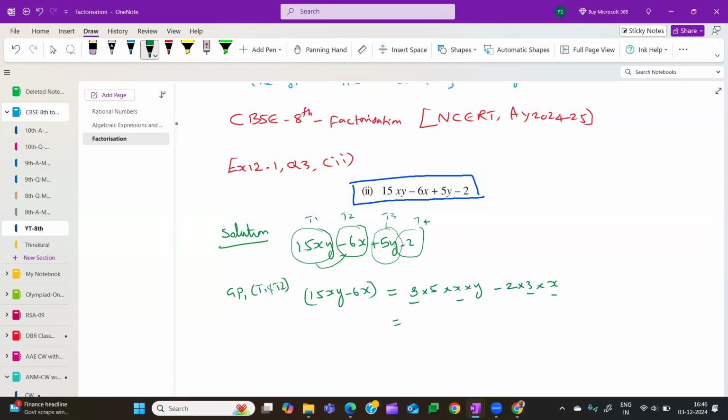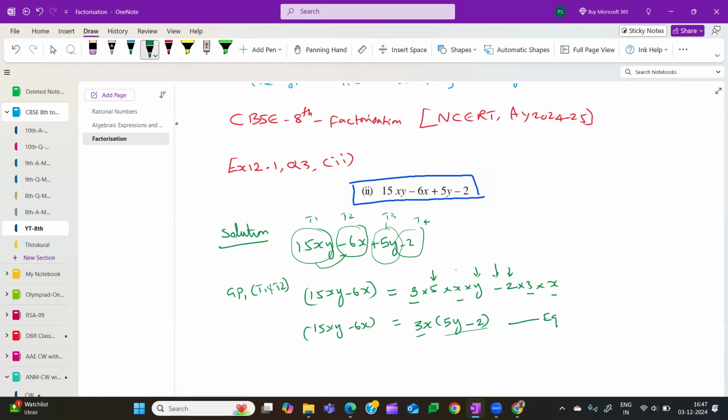So when I take 3x outside, we are left with the 5 and y in the first term. So I'll write 5y. Then this minus symbol, we have to put it as it is. Then after taking this 3 and x, we are left with the number 2. That means 15xy minus 6x is written in the form of 3x into 5y minus 2.